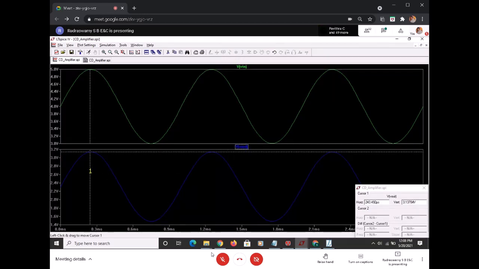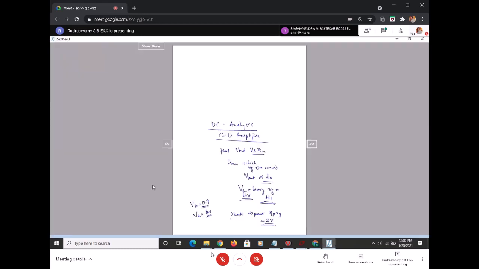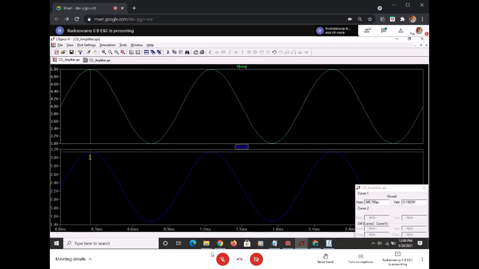If I go with my y-axis vertical, 3.121, and if I go with the bottom one exactly, it is 1.481. 1.481 is the minimum peak, and what was the maximum I could get? This is 3.13.